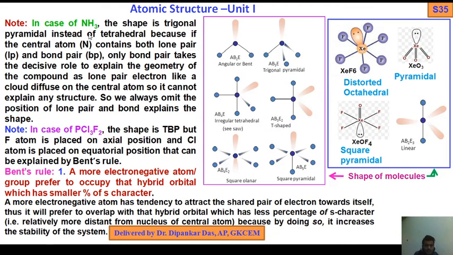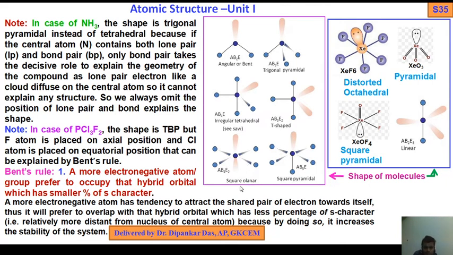Next, in case of ammonia, what will happen? The shape is trigonal pyramidal instead of tetrahedral. Before discussing this, we can check the shapes: AB3 trigonal planar; AB2E angular, bent, V-shaped structure; this one seesaw structure; T-shaped structure like a T. These are the lone pair cases.